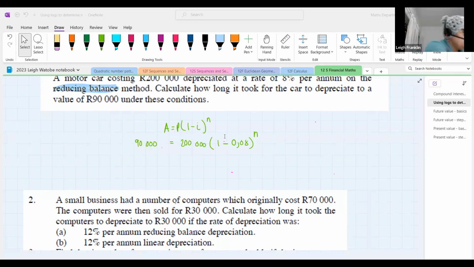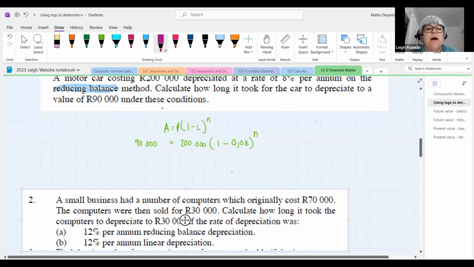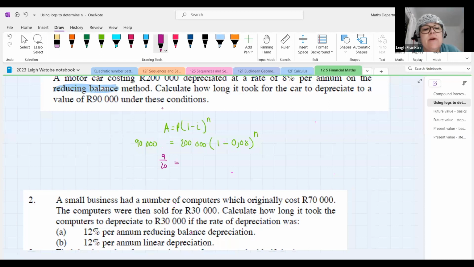So what you would have ended up with here is, after you had divided both sides by 200,000, 9/20 was equal to (23/25) to the n.